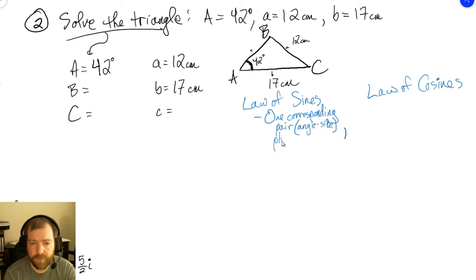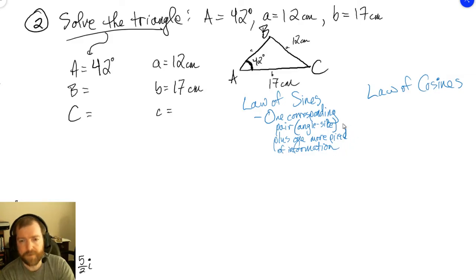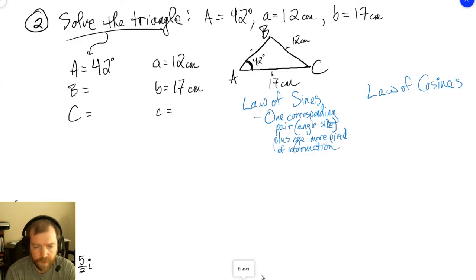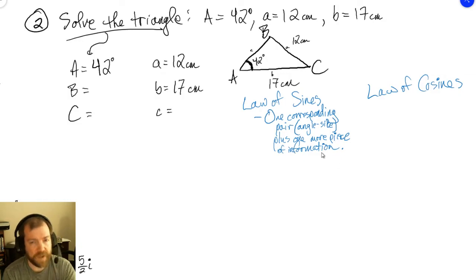There we go. So you must have one angle and one side plus one more piece of information. Doesn't matter what kind of piece of information it is, just as long as you have some information about either a side or an angle. You need one more piece of information, and then you can solve everything using law of sines.